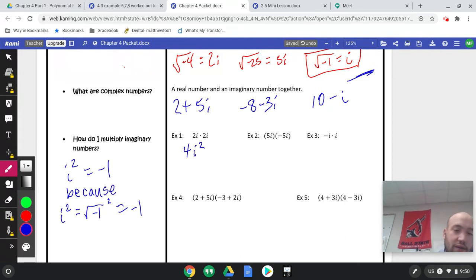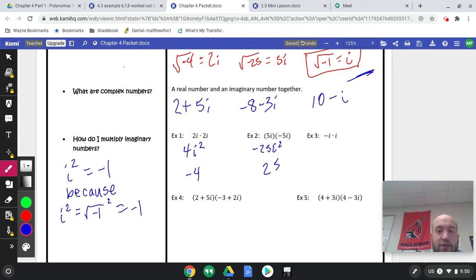So if we look here on example 1, 4 times i squared is actually going to give us negative 4 as our answer. Now on this next one, 5 times negative 5 gives us negative 25i squared. i squared is negative 1, so we'll get 25 as our answer there.